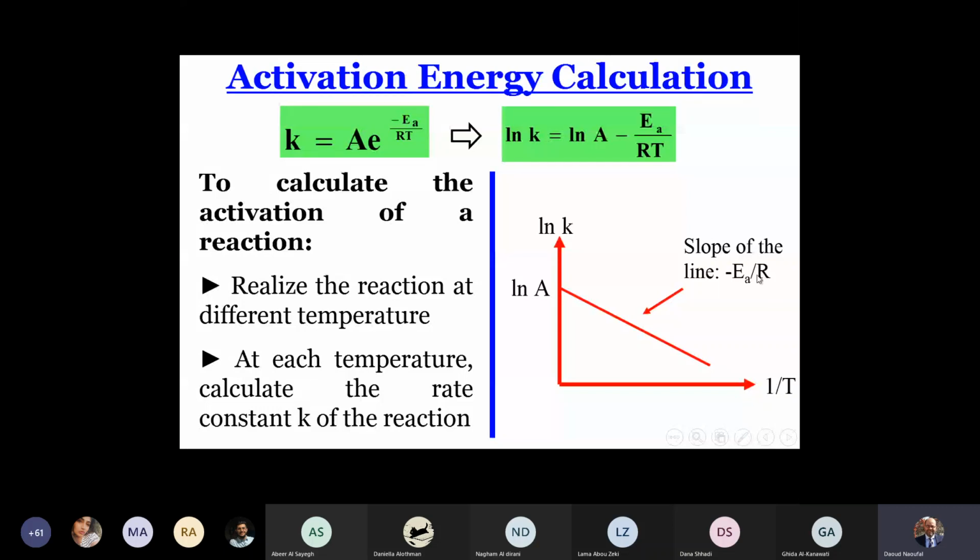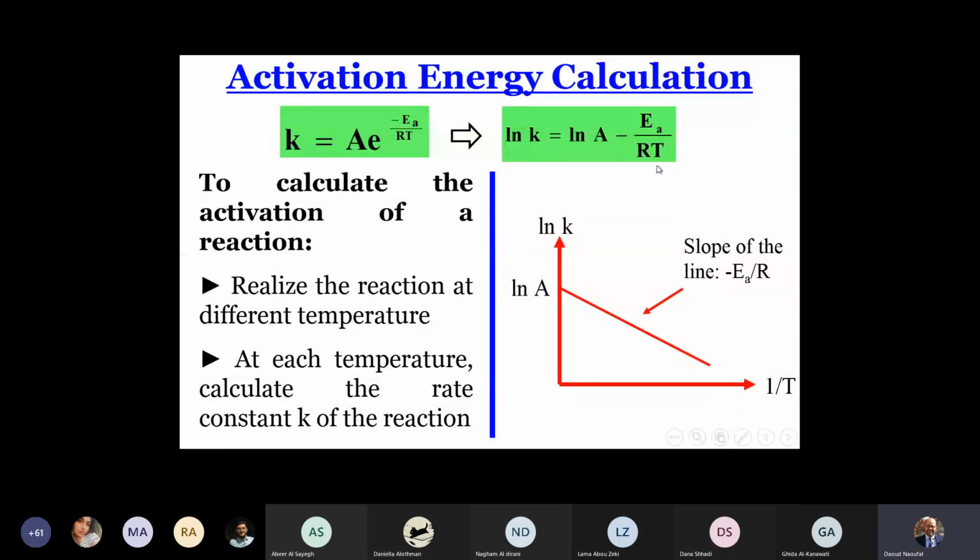R equals 8.314 joule per mole per Kelvin. By this way, you can find graphically or experimentally the activation energy of the reaction.